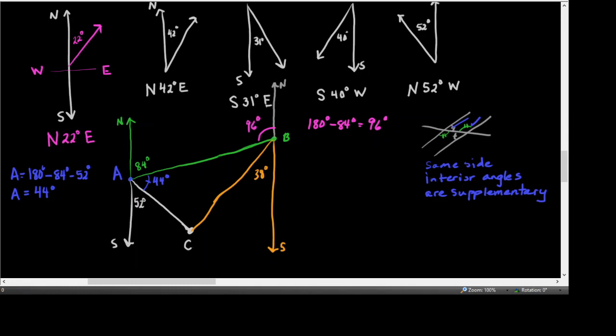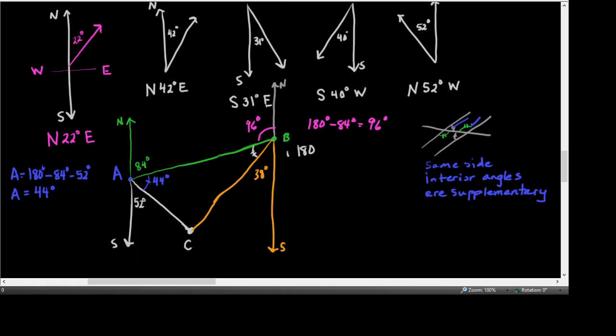Why did I care about that? Well, I care about that because I can now find the measure of angle B, the one that's interior to the triangle. And again, we have a straight angle. 96, the unknown, and 38 have to make 180 degrees, the straight angle there. So let's find out what that is.